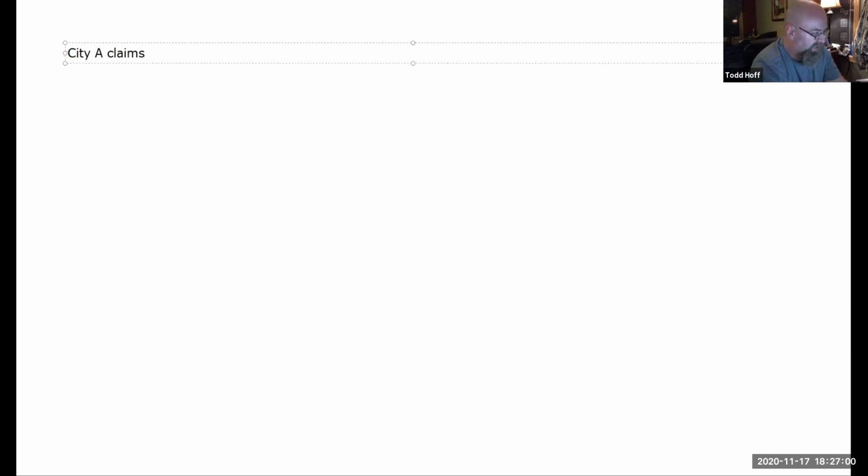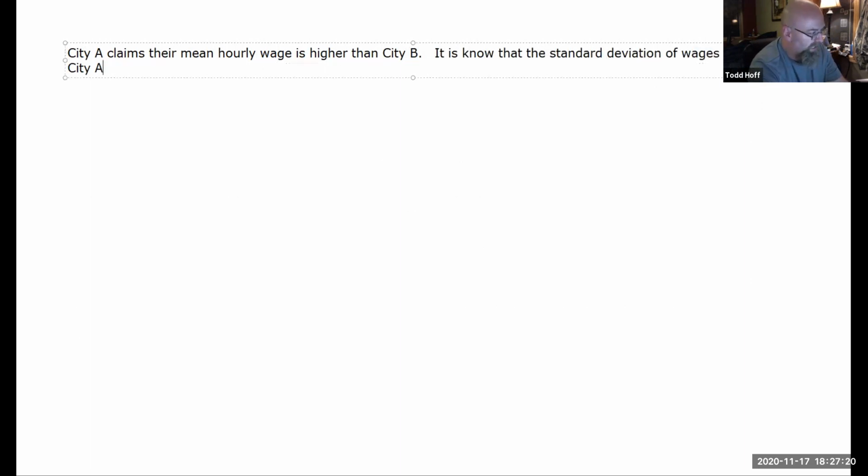City A claims their mean hourly wage is higher than City B. It is known that the standard deviation of wages in City A is $1.94 per hour, and in City B is $2.04 per hour.